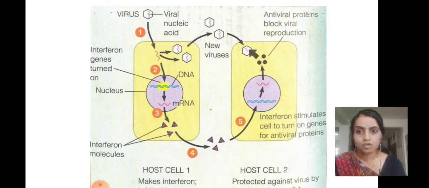These interferon molecules are released out of the cell into another host cell next to it, and after entering there, that cell's genetic material or DNA is also stimulated through that protein to synthesize a similar type of protein.